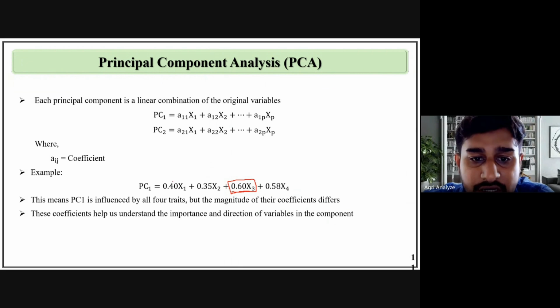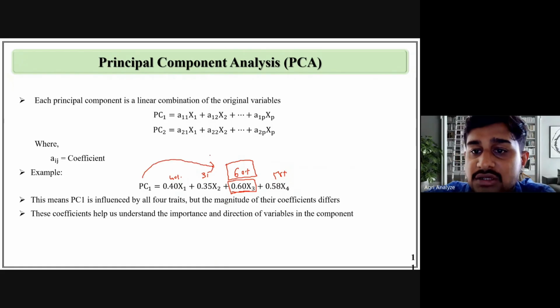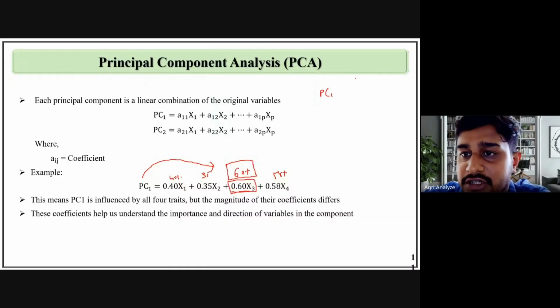Here only 40% of variation was explained, here 35, and here 58%. But for the x3 variable, 60% of variance was explained by PC1. It means we generate PC1 based on our 4 characters, and PC1 explains more variation for x3, followed by x4, x1 and x2.